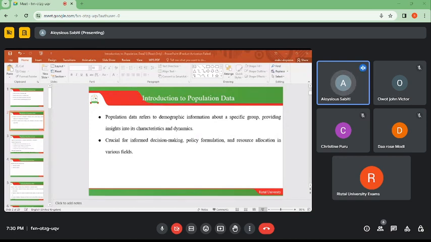So, briefly, population data refers to demographic information about a specific group, providing insights into its characteristics and dynamics.